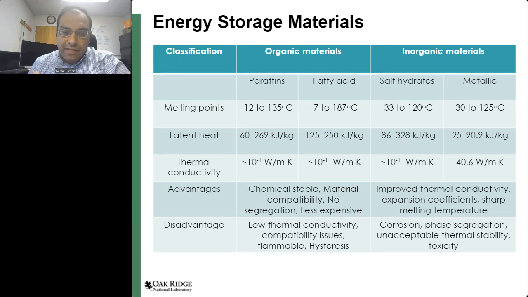And again, if you look at the advantages and disadvantages of these two classes of materials, what does stand out is corrosion, for example. That's one of the major issues, which can require some specific material deployment requirements. And also, there can be issues such as hysteresis and phase change segregation, which make these materials non-ideal for the application. However, for all these issues, there are mitigation strategies which can be deployed.